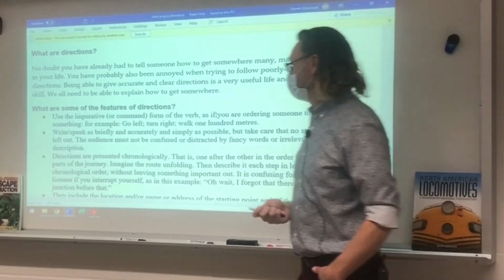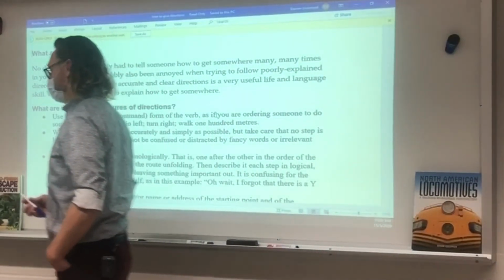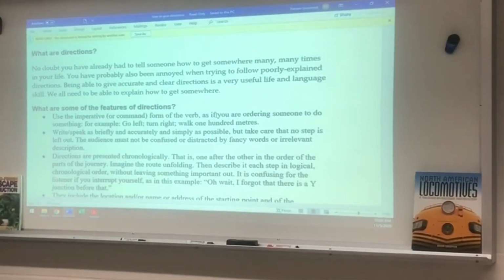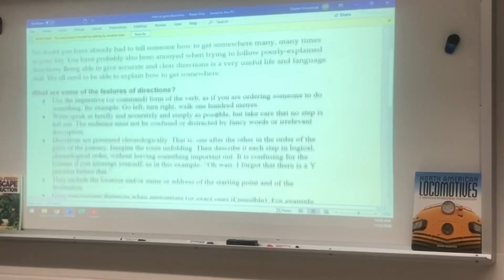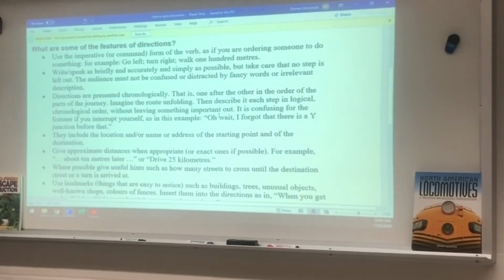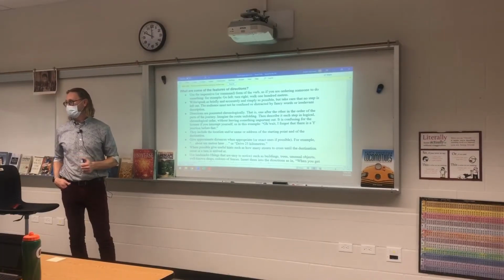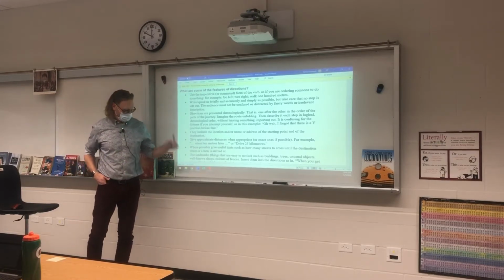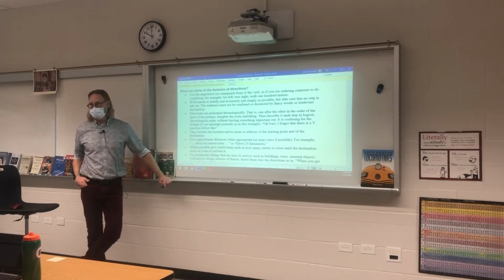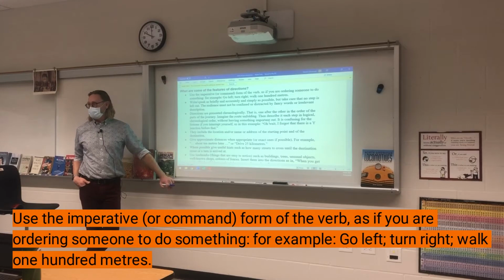So your assignment is going to be to explain how to get from here in this room to the mezzanine fitness room. The things you need to keep in mind: use the imperative form of the verb.